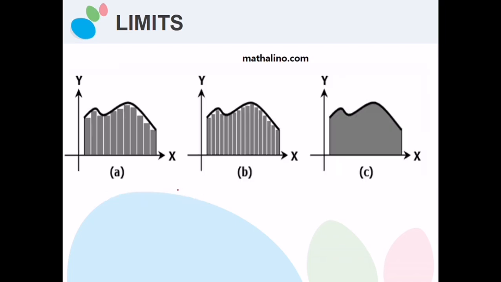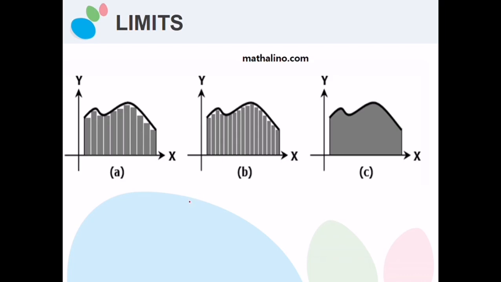Another way is by considering the area of a region bounded by a curve, shown in figures A, B, and C. The area can be approximated by summing up the areas of a series of rectangles.